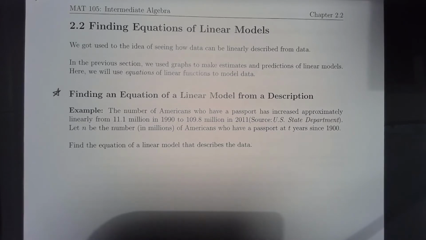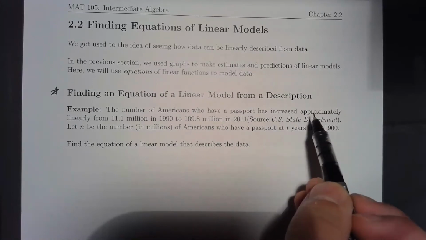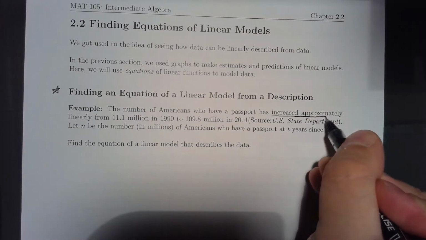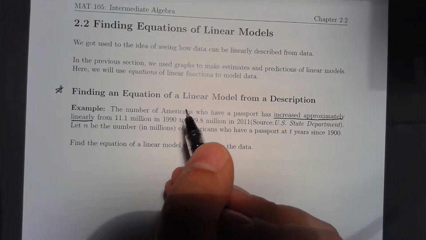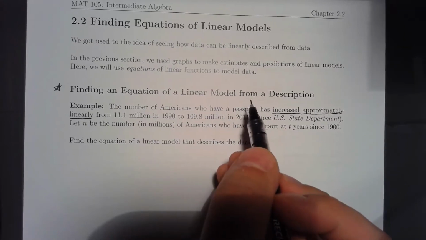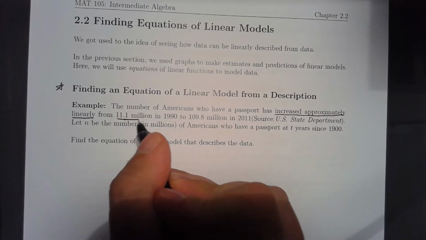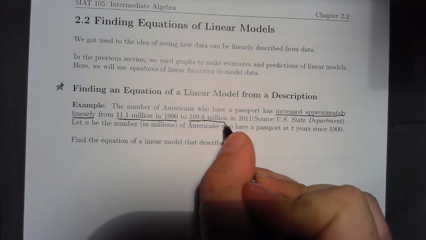So if we read this example, it says the number of Americans who have a passport has increased approximately linearly. That's a key piece of information, because that tells us the data has a linear relationship. And it goes from 11.1 million in 1990 to 109.8 million in 2011.